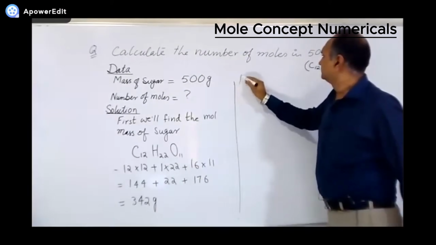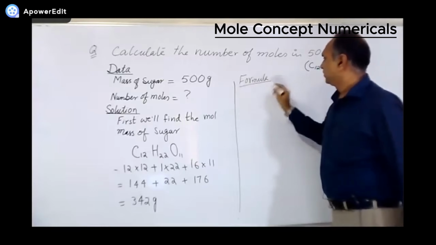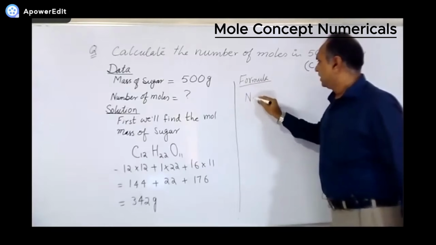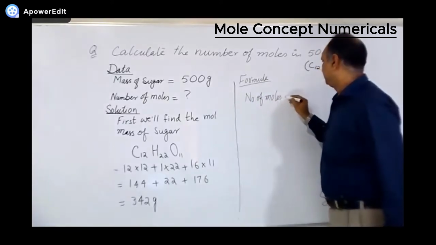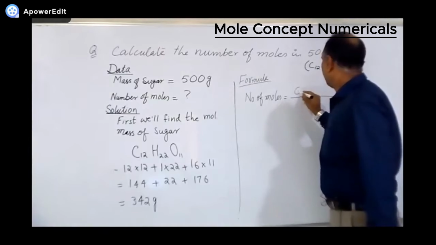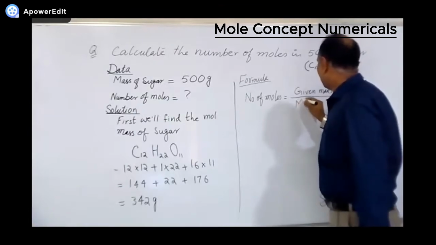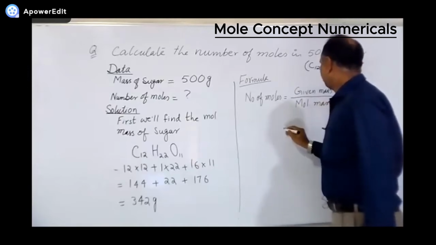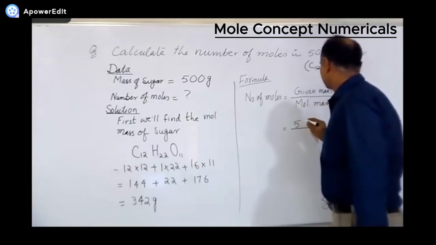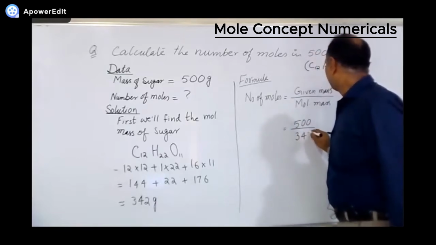Formula. What is the formula? Number of moles is equal to given mass upon atomic or molecular mass. What is the given mass here? 500. What is the molecular mass? 342.